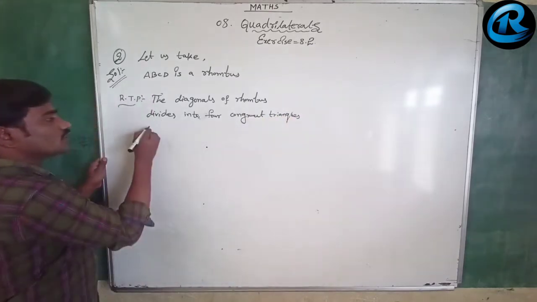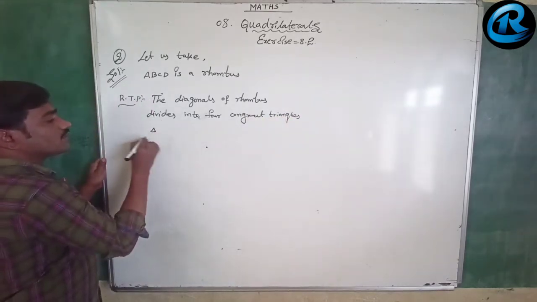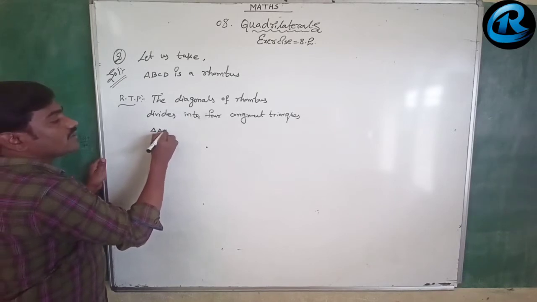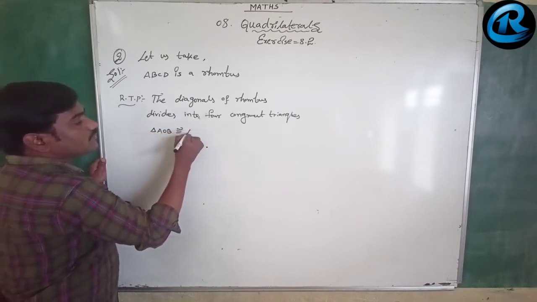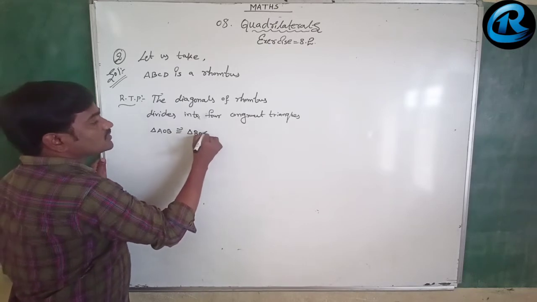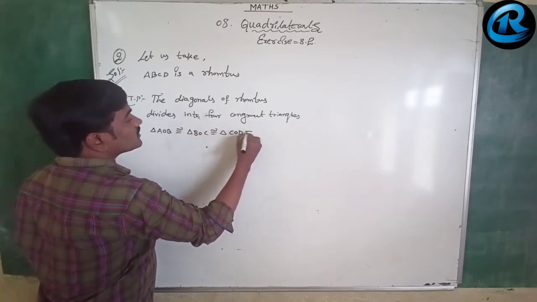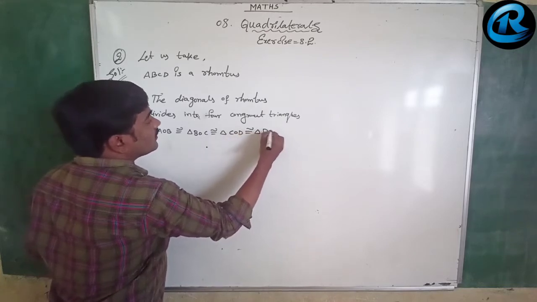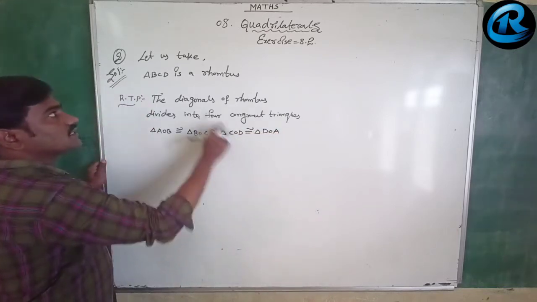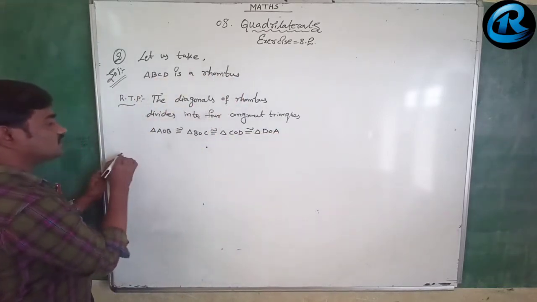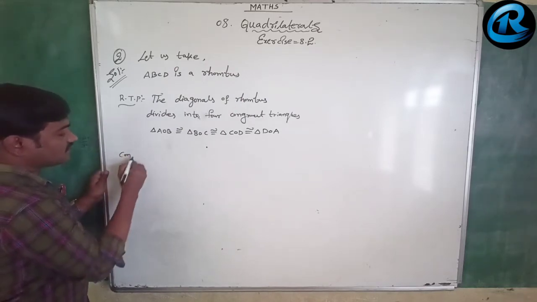That means we have to show here that triangle AOB is congruent to triangle BOC, is congruent to triangle COD, is congruent to triangle DOA. If ABCD is a rhombus, we get this. Let's go for the construction and you can understand this.